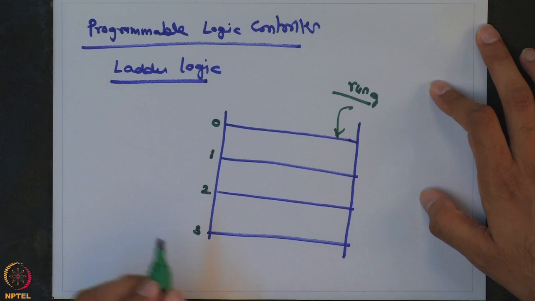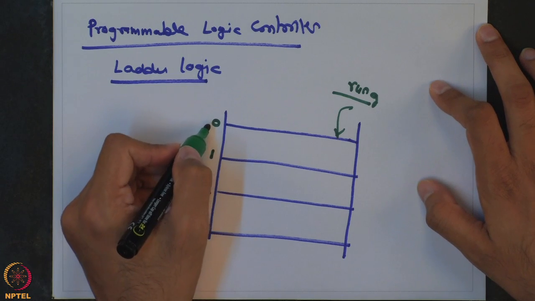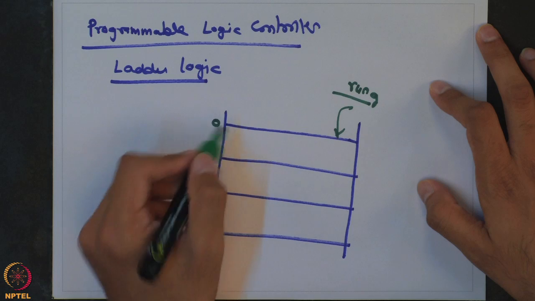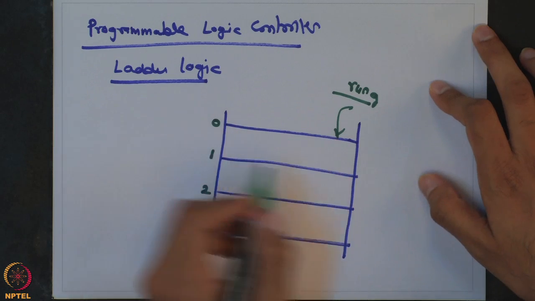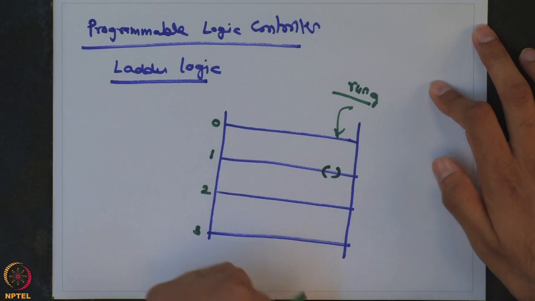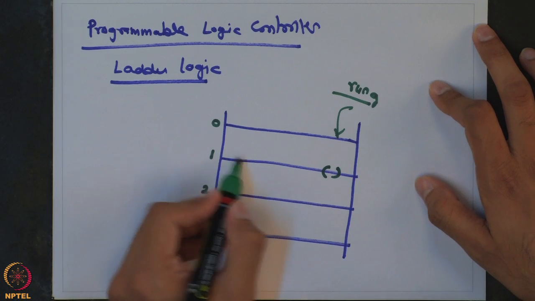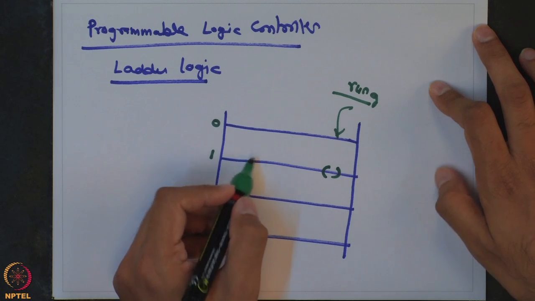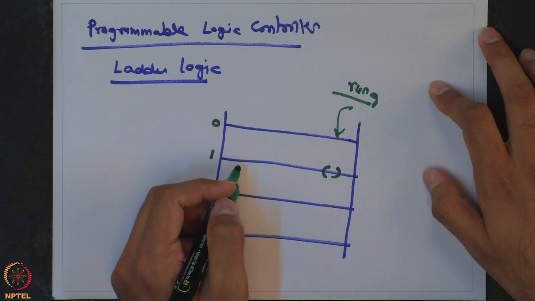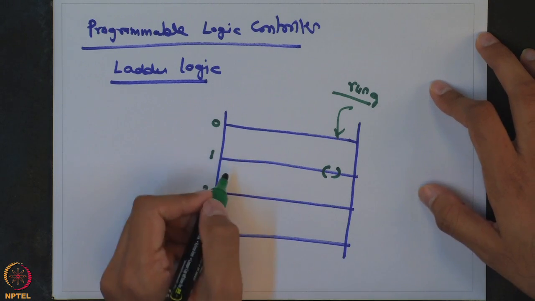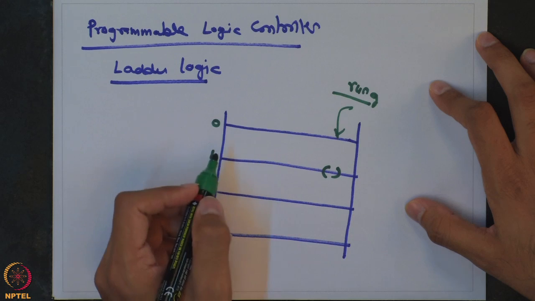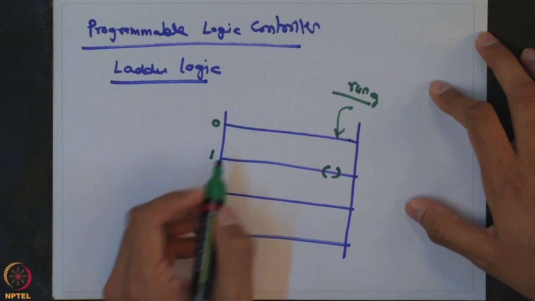So, if these rungs are numbered as 1, 2, 3, 4, then every one of those lines will have a certain set of code associated with it, and there will be an output at the end of it. So, the output will be at the end of this line, and there will be some conditions with respect to different variables of that particular system, and there are two basic types of logic actions which are done there.